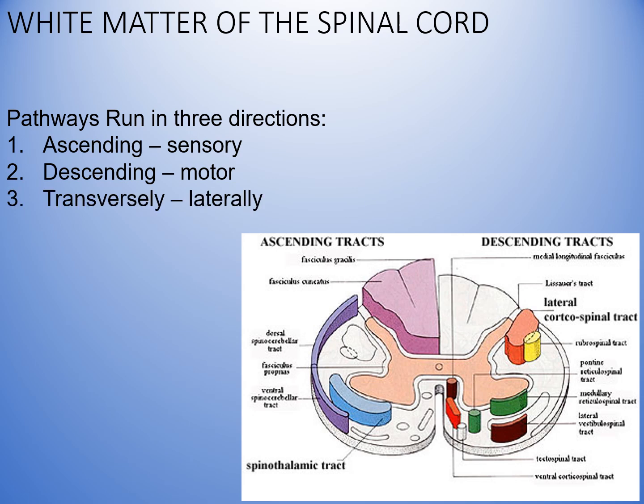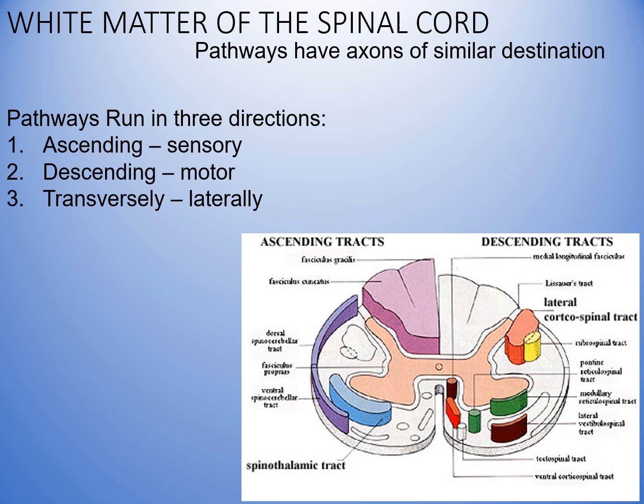There is a third type of pathway that's called a transverse pathway or a commissure. This is a pathway or neuron that carries information from one side of the spinal cord to another. That's basically decussation, right? There are neurons that take information from the left side and bring it over to the right side.